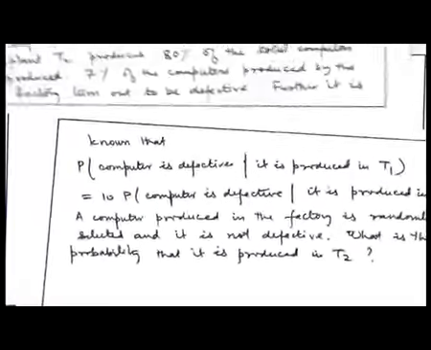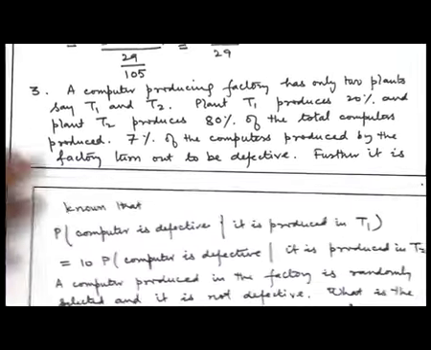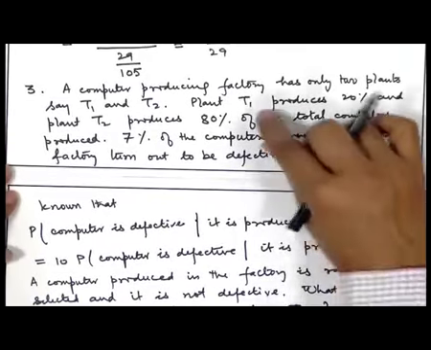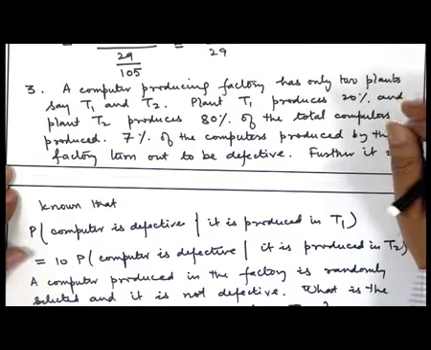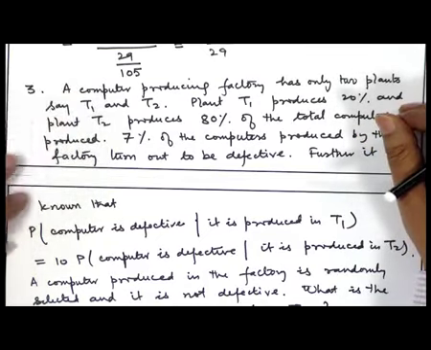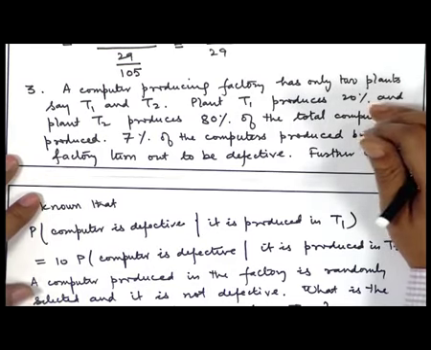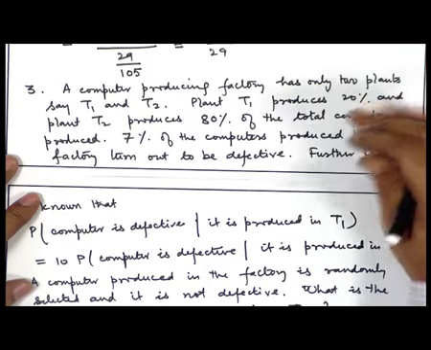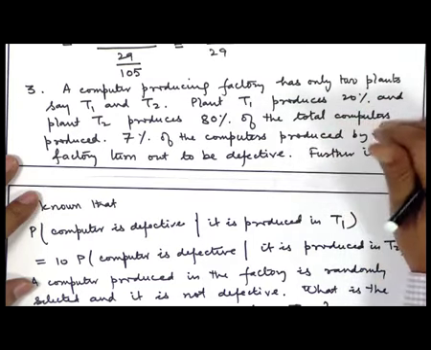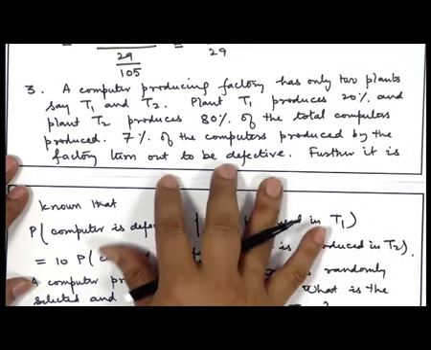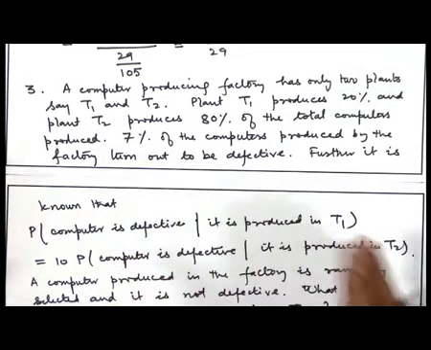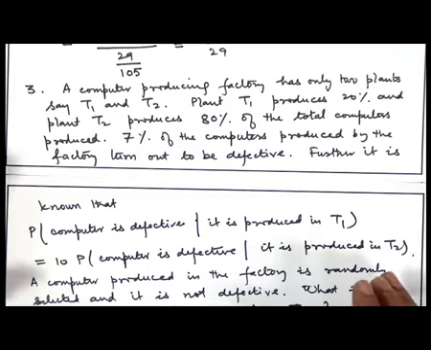So, let me read out the problem once again. There is a factory which produces computers and the factory has two plants, named T1 and T2. Of the total products, 20% is produced by plant T1 and the remaining 80% by plant T2. Also, it is found that 7% of the product is defective.